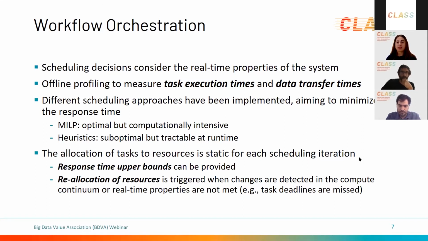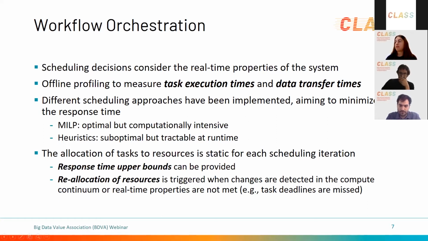We generate the task dependency graph for all these tasks, and then we allocate them applying our scheduling policy. So since we have the profiling information, this allows us to estimate an upper bound for the execution, also applying some margins. So this allows us to have some real-time guarantees.